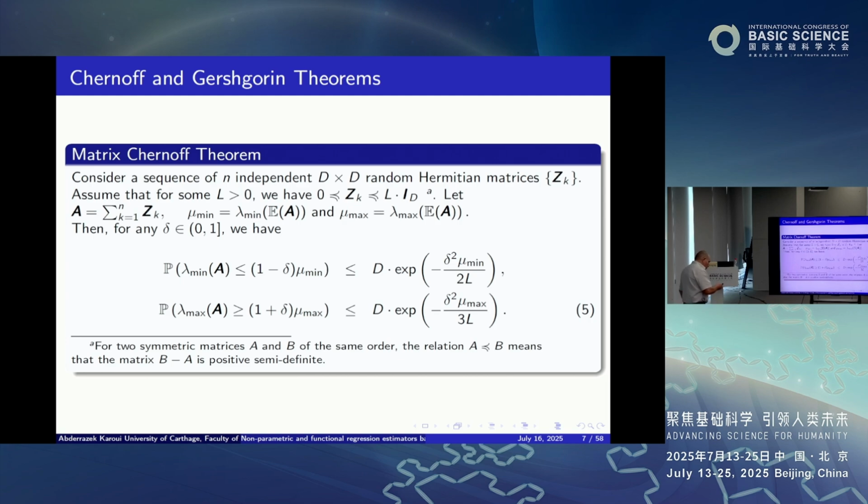Then the probability that lambda min of A is less than (1 minus delta) mu min is less than or equal to d exponential of minus delta squared mu min over 2L. A similar inequality holds for the maximum eigenvalue. This is an interesting theorem about the behavior of eigenvalues of random matrices.